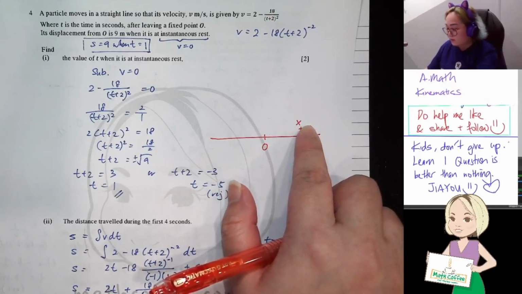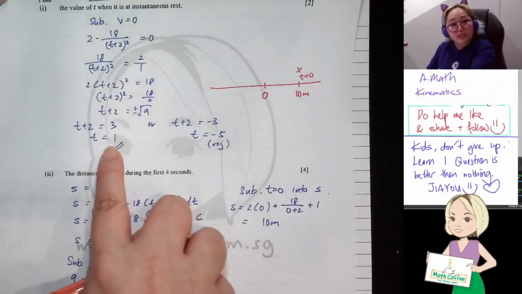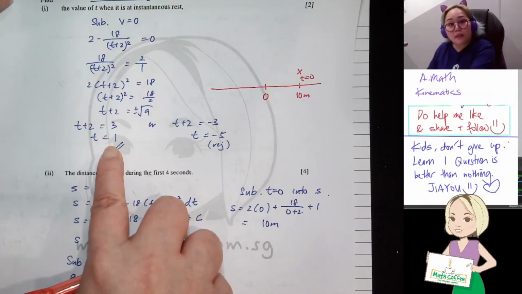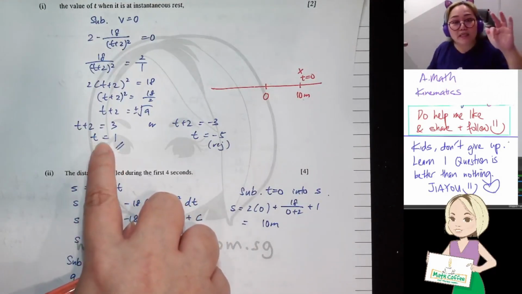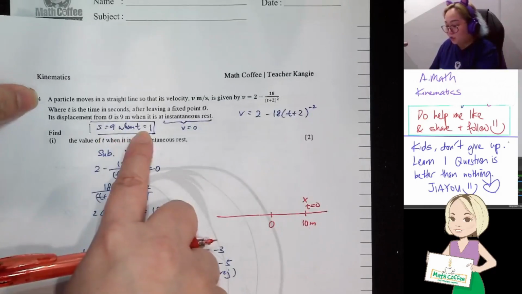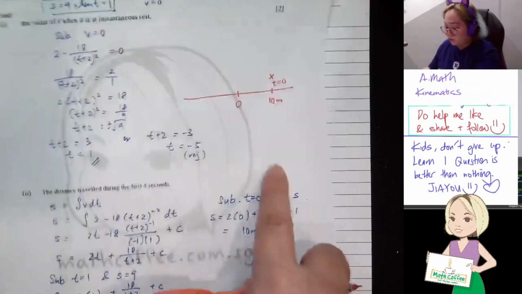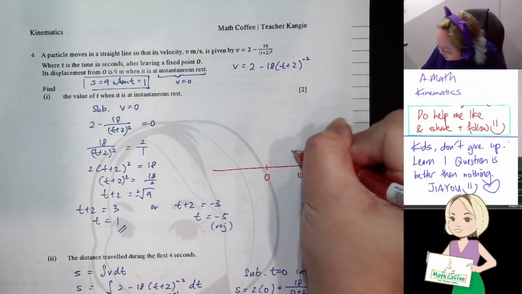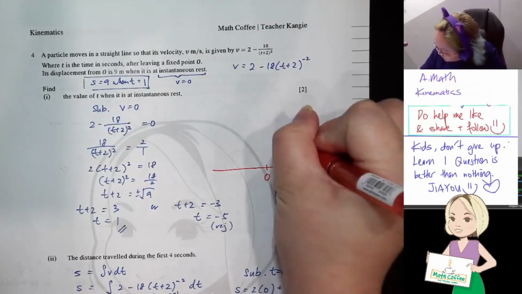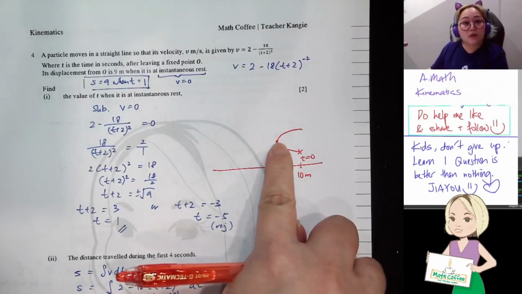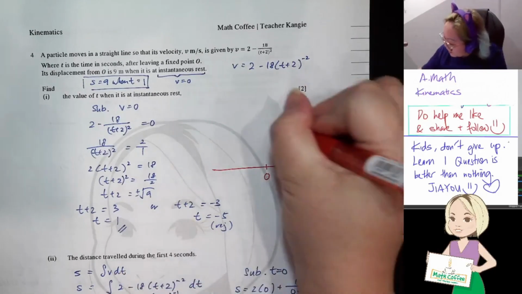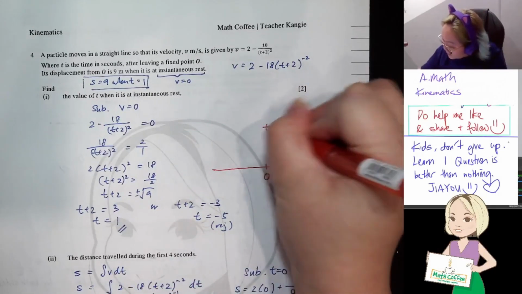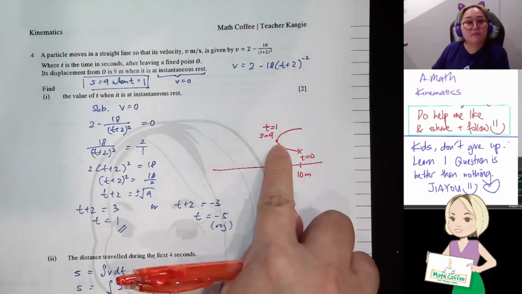Okay, and remember just now we have a turning point. Actually, I don't need to find it out because I already have this. Remember, t equals 1, s equals 9. So it simply means that my particle over here will turn at this part whereby t equals 1, s equals 9.